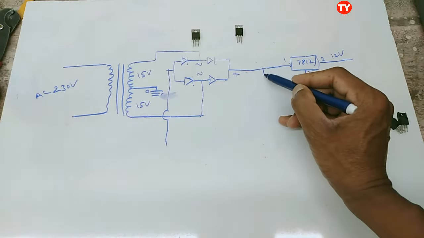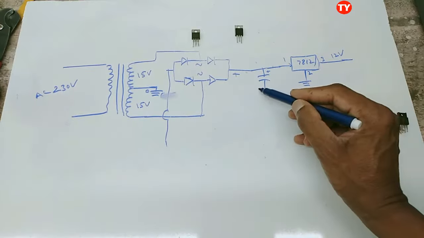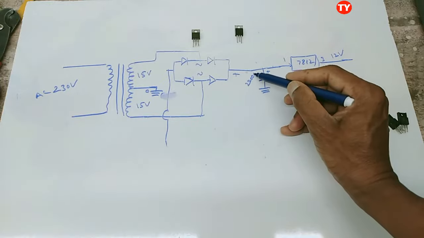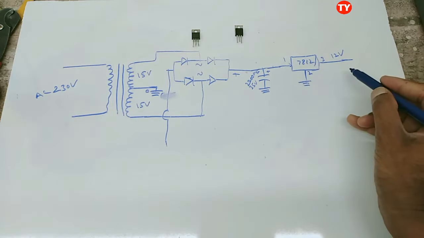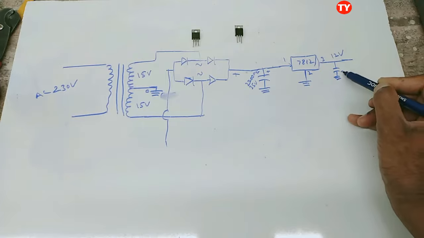Here one capacitor plus 2200 mF, 35 volt. Here we have to use 100 mF 25 volt.